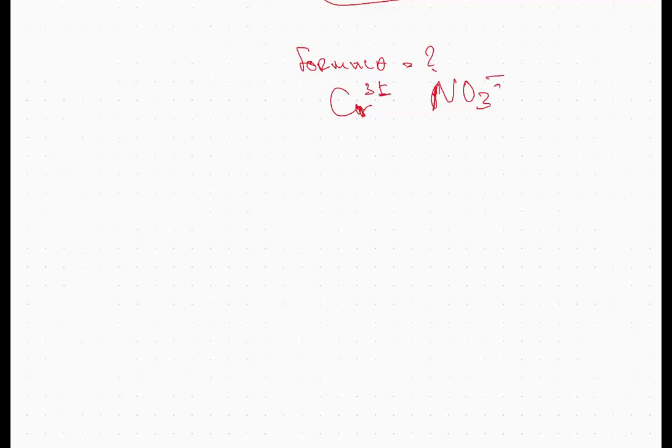Because chromium is a transition metal, right? It can have many charges. So this is 3. So when they give 3, NO3 is always minus. So when you crisscross, there's only 1 and 3. So NO3 3 times. Make sure it is for the whole thing, so you need to have parentheses. Okay, so that's the formula.